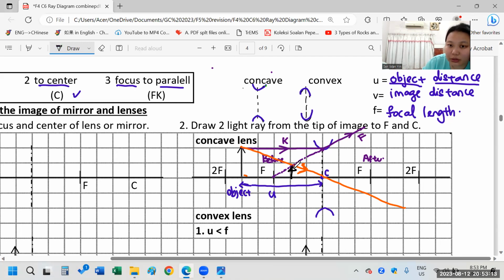So we draw the image here, on the tip of the intersection point, and your image must touch the principal axis. So this is your image. Then you can draw here, this is B, which means the image distance to the center of the lens.